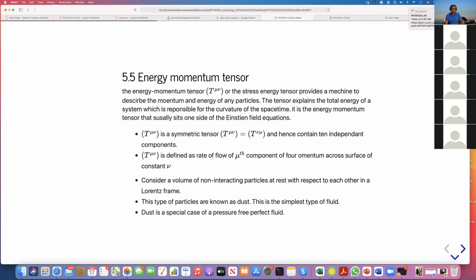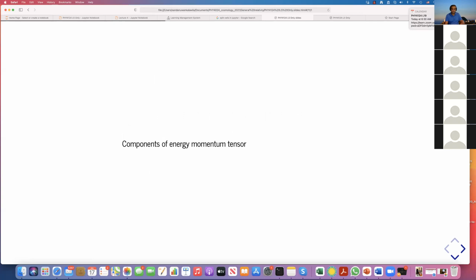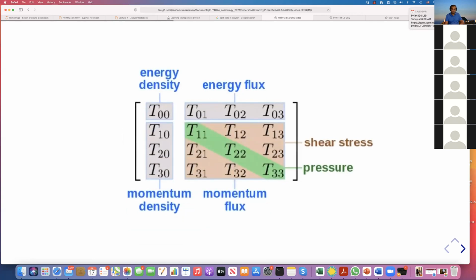And finally, we talked about the energy momentum tensor, and there are 16 components in the energy momentum tensor. Just to give you an idea, I briefly discussed each of these components and what kind of things they explain.